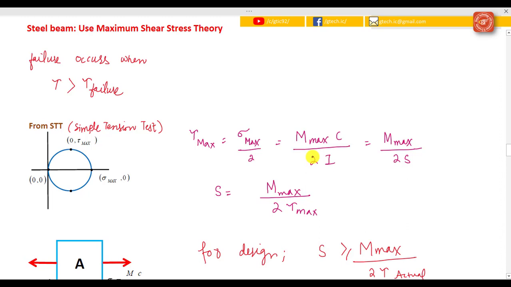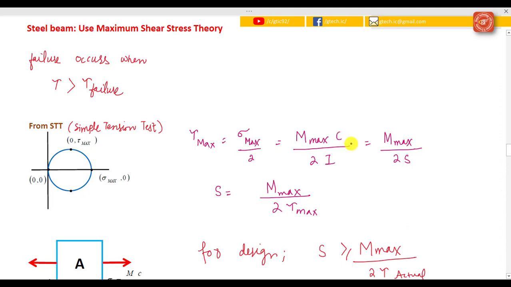We can also show this in terms of the section modulus. So tau max is equal to the maximum moment experienced divided by 2 times the section modulus, that is S, and we know that S is equal to I over c.